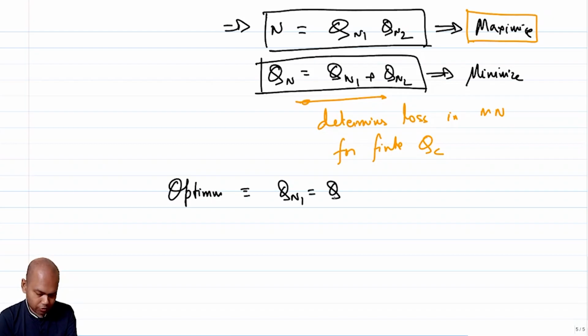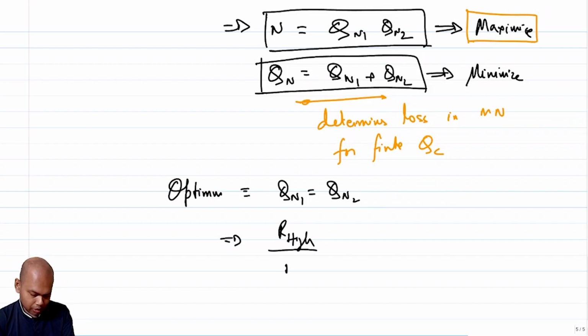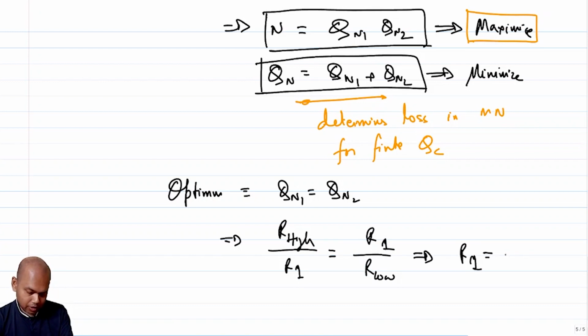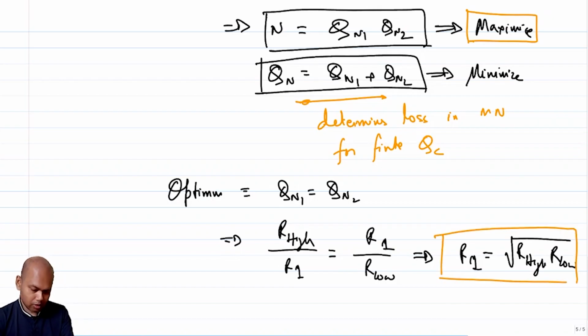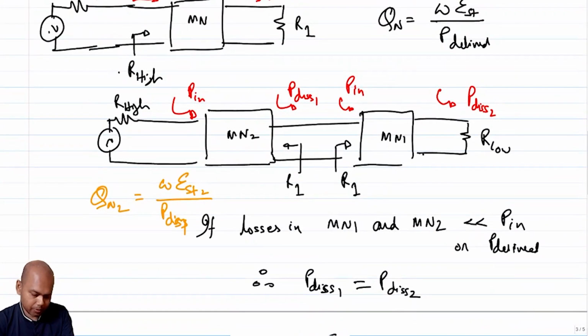qn1 is equal to qn2, which essentially means that r high by ri is ri over r low, which means your ri becomes the square root of r high times r low. So this becomes your approximate decision making of ri.